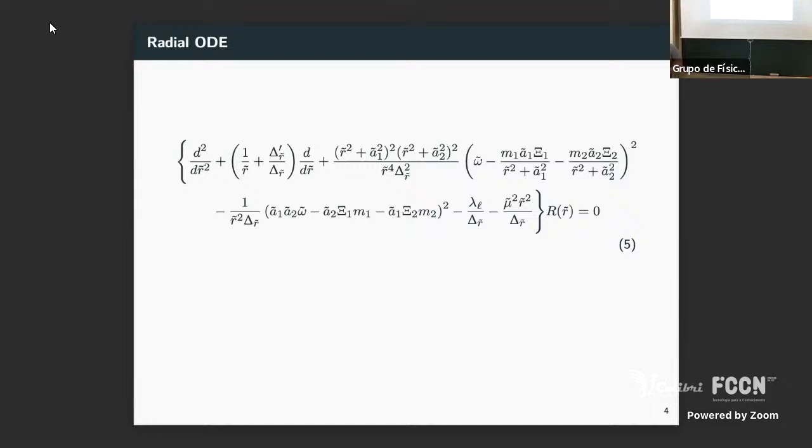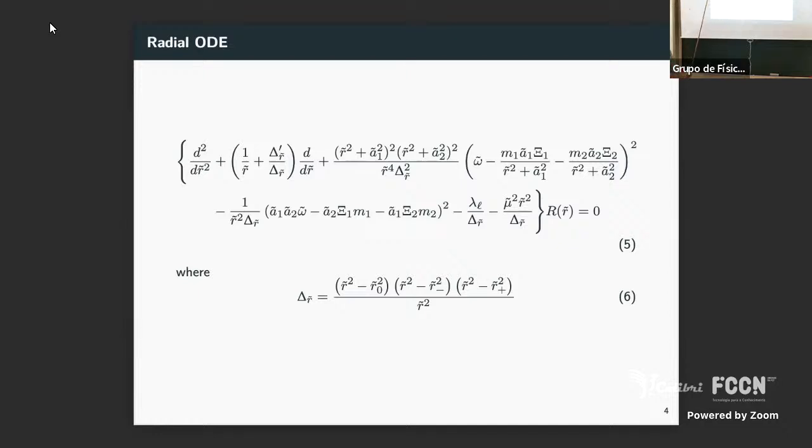Delta r is given in terms of the roots of this sixth order polynomial, and we will consider r squared as our radial coordinate. The zeros of delta r are related to the position of the horizons of the black hole.